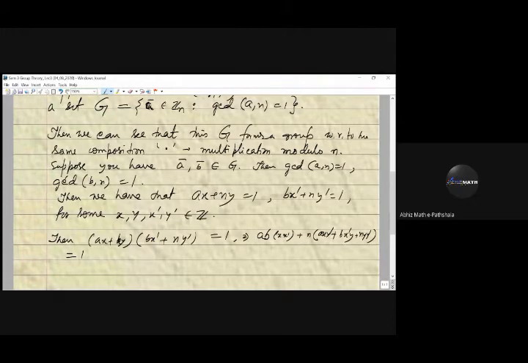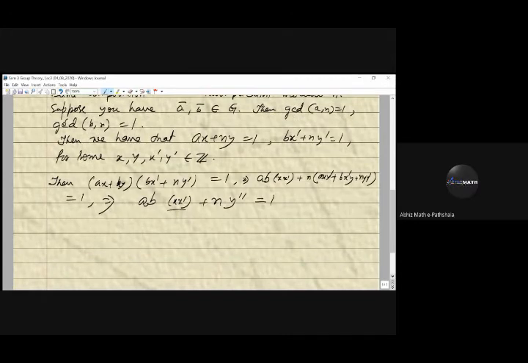So you see that this is an integer, we can write this as, suppose it is y double dash, so ab x double dash plus n y double dash equal to 1, and therefore in view of this you can conclude that GCD of ab comma n is 1, and that means ab class belongs to G, right?